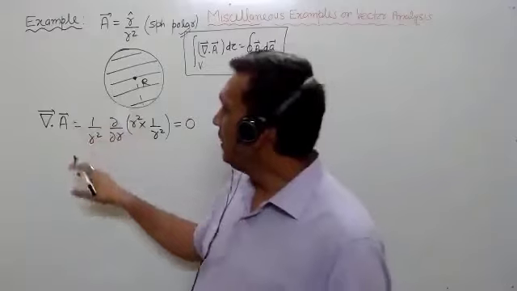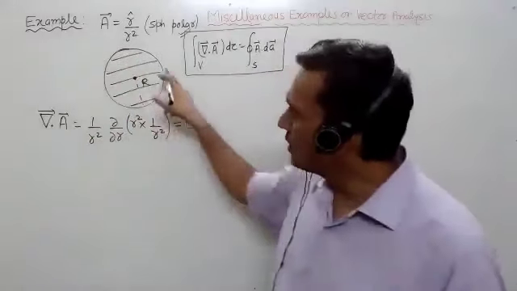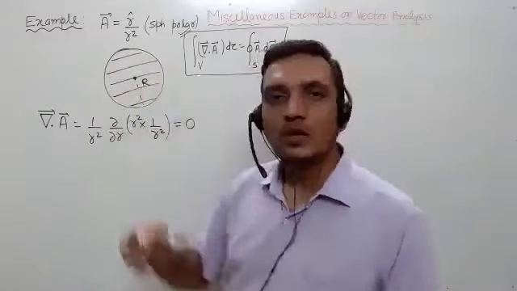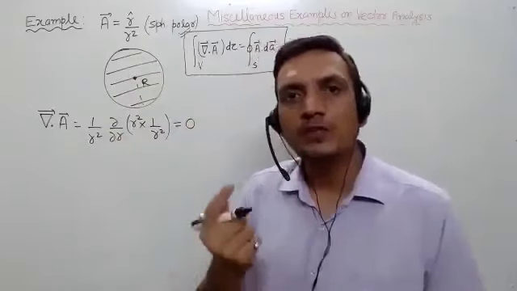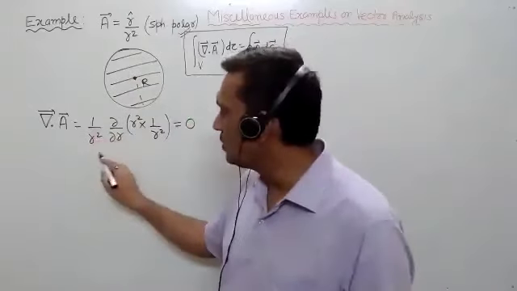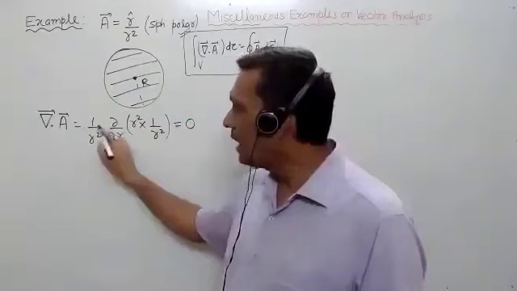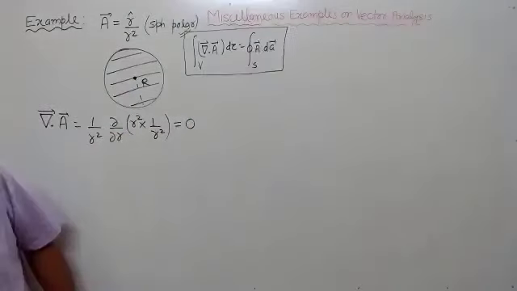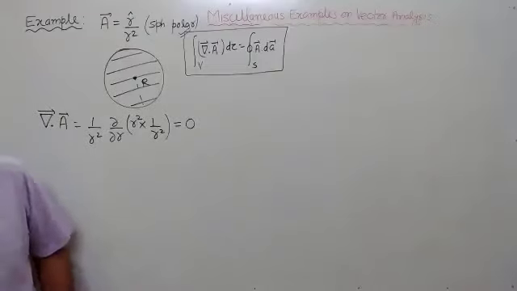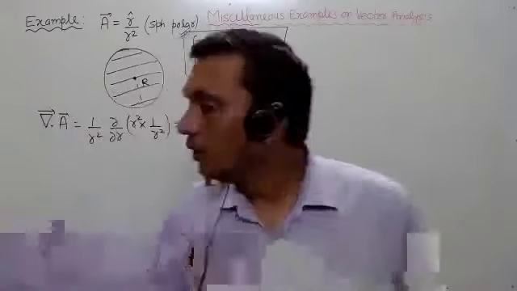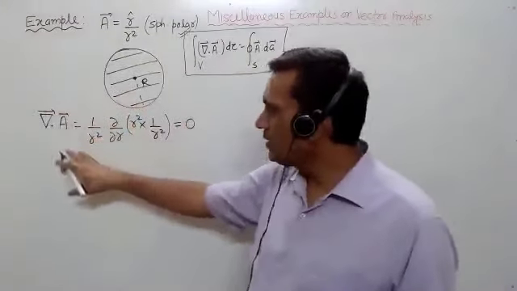But you can see divergence, you will see that this divergence A is 0 except at one point, that is r is equal to 0. So at r is equal to 0, what will happen? This term tends to infinity. So it's a special case.